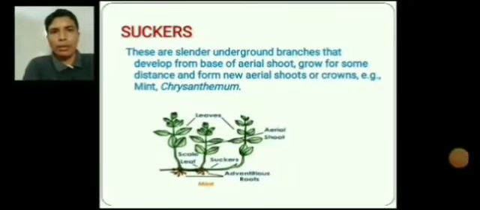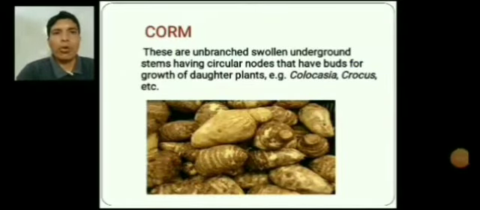Now we have suckers. Suckers are slender underground branches that develop from the base of an aerial shoot, grow for some distance, and form new aerial shoots or crowns. Examples of some plants which have suckers are mint and chrysanthemum. Now we have corms. Corms are unbranched swollen underground stems having circular knots that have buds for growth of new or daughter plants.